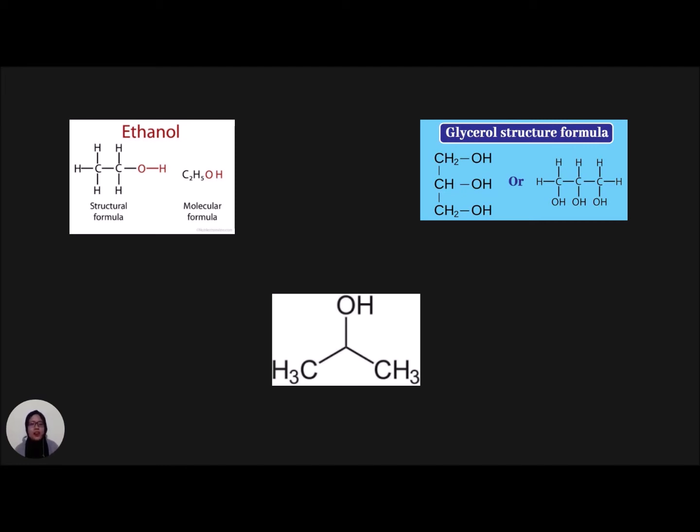The last one, the distilled water, can help to dissolve protein inside pathogens, so the alcohol can kill all the bacteria or germs.